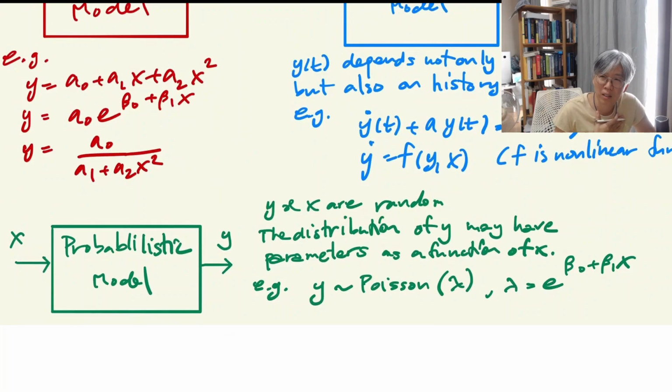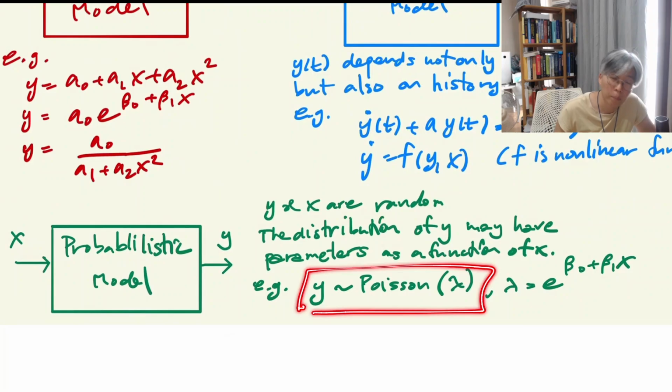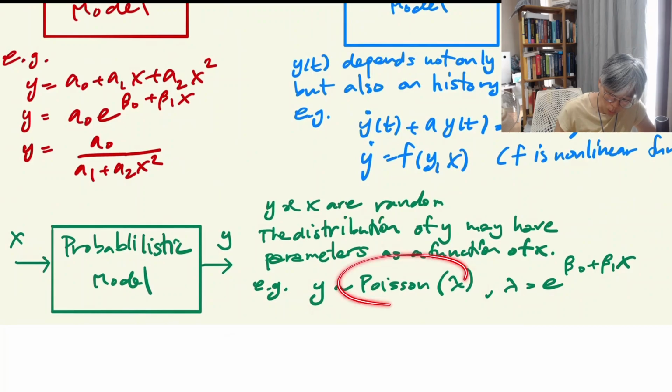If you have a number of customers at a service, you may think that maybe a Poisson variable is an appropriate distribution. But how can I relate the Poisson model with a certain rate? A different rate gives you a different Poisson distribution.